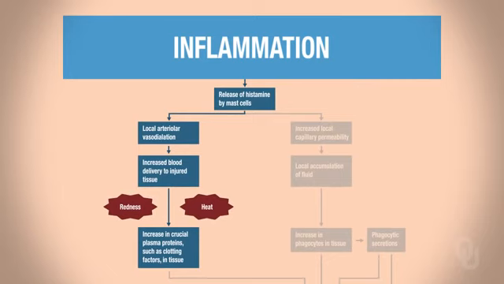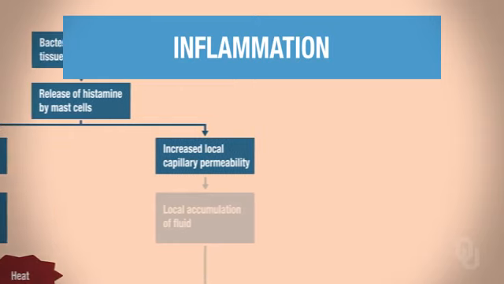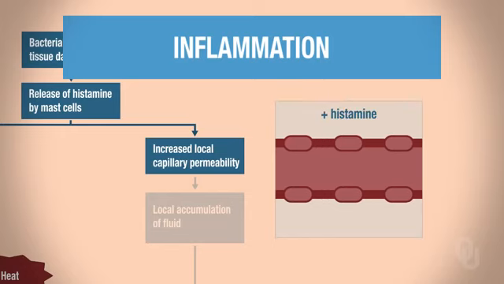The release of histamine by the mast cells also increases the capillary permeability. So what I want you to do is think about a capillary here, and I'm just going to draw 3 endothelial cells that are forming the walls of this capillary. And when you have histamine release, the pore size has increased significantly. So if you increase the pore size, that means more fluid can flow through those pores.